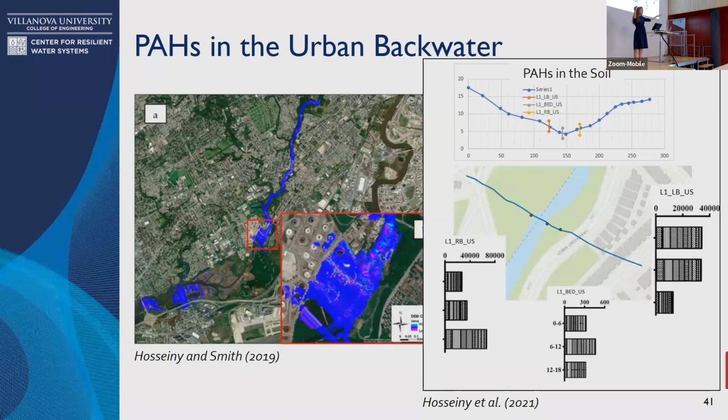Once you get out to the floodplain, where it's not being inundated as much, and the sediment that's getting out there is a good bit finer, your PAH levels started to drop off. And so we can think about what's happening with the transport processes, and link that back to the pollutants. And I believe that even if we understand more, linking the surface processes to the infiltration in the soil column, we can understand the fate of some of these pollutants a lot deeper.